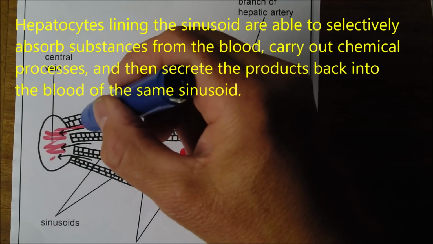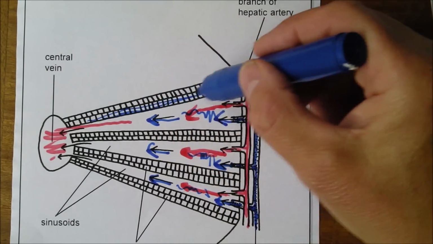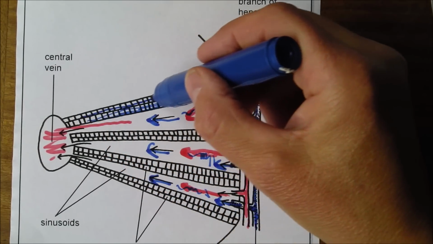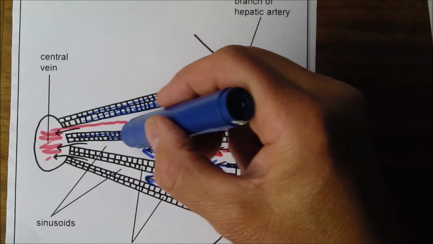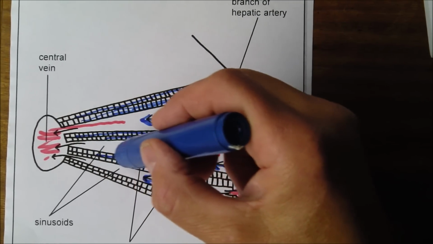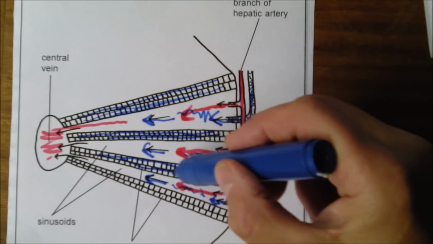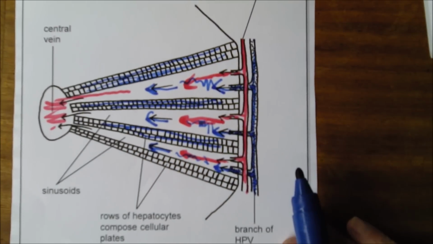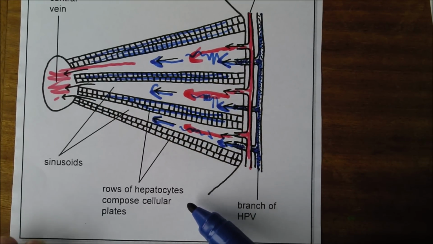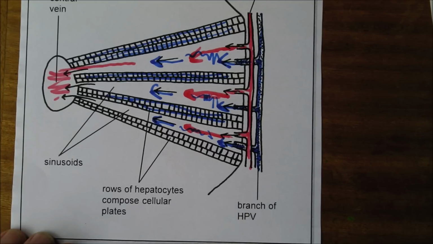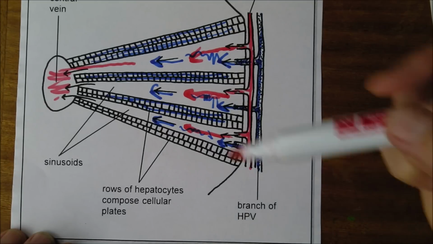Here's the hepatic plates here, these rows of hepatocytes. The liver cells, the hepatocytes, quite large cells actually, and these are the functional units of the liver, forming these hepatic plates. So we see rows of hepatocytes composing cellular plates, and the sinusoids in between here.